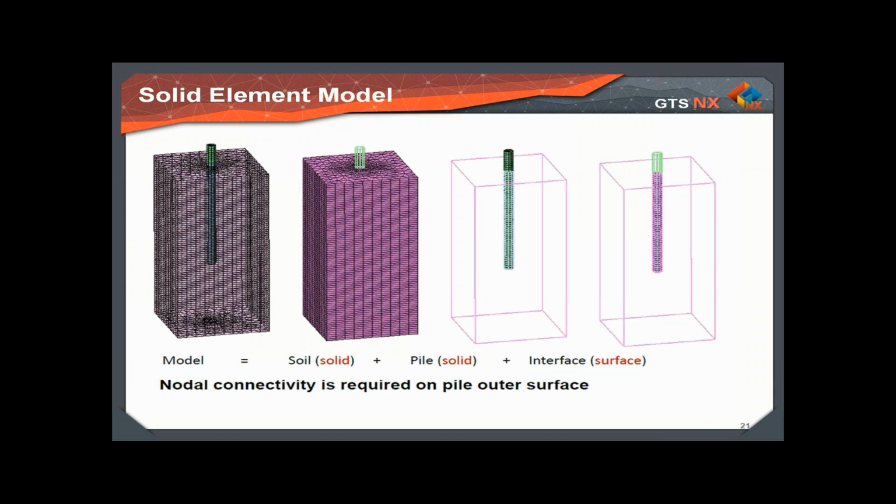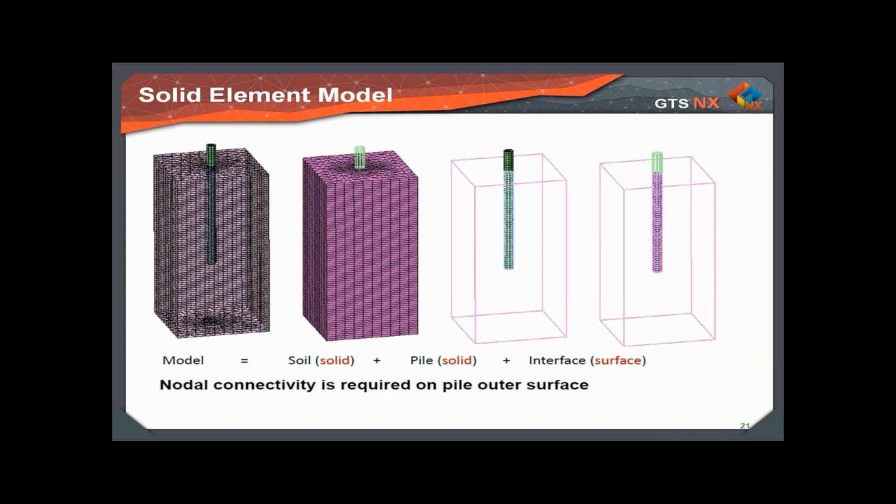Let's look closer at each of these elements. If you look here at the soil model, we imagine we have a pile inserted in the soil. The pile itself is modeled with a solid element, which is a volume element filled by its full diameter and length, of course.